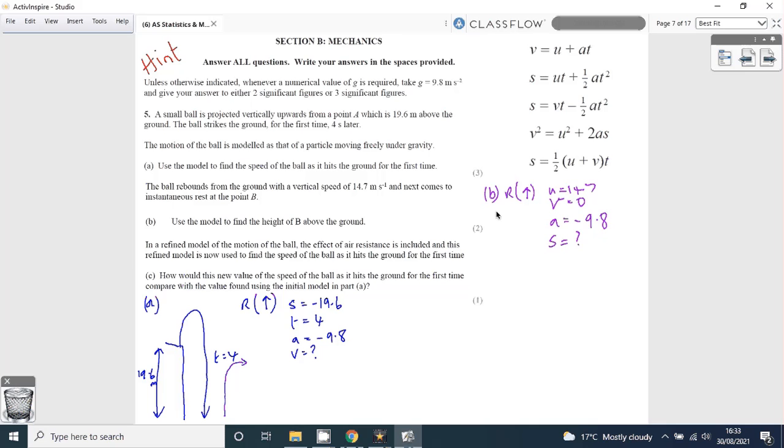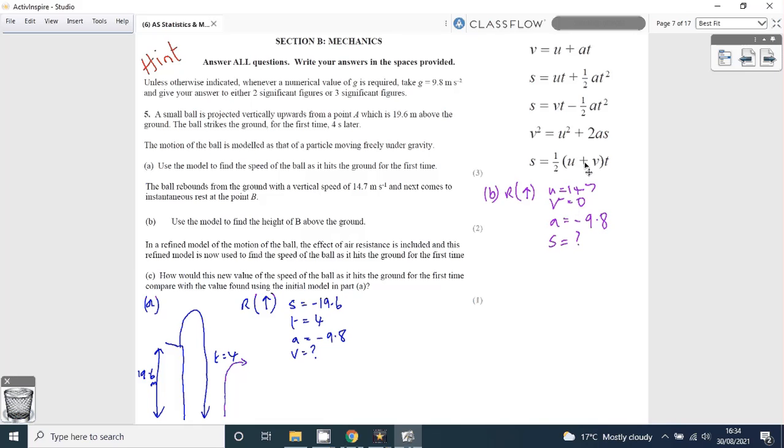So use the appropriate Suvat equation to find v when you know s, t, and a. Now for part B, we're resolving upwards. Okay, so we're using the model to find the height of B above the ground. The key thing is at the maximum height, the final velocity is 0. So when it comes to instantaneous rest at the point above B, its maximum height, that is when the velocity is 0.